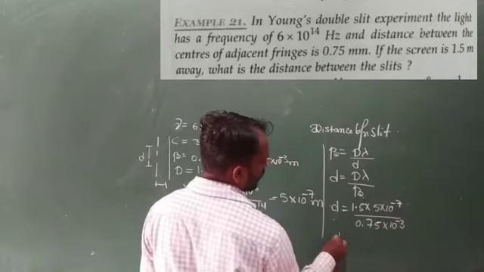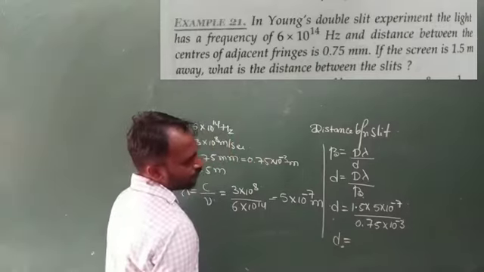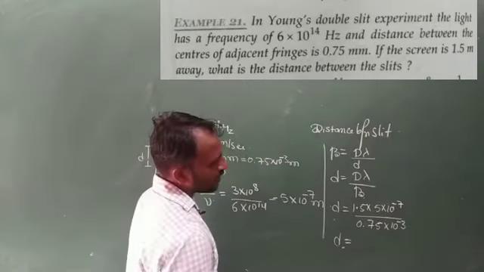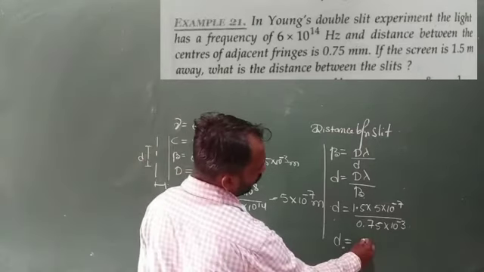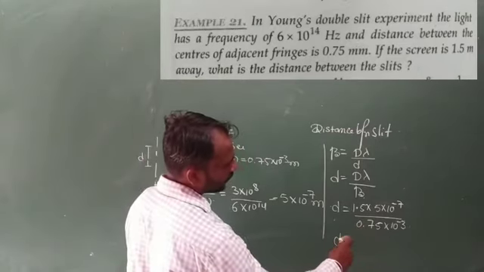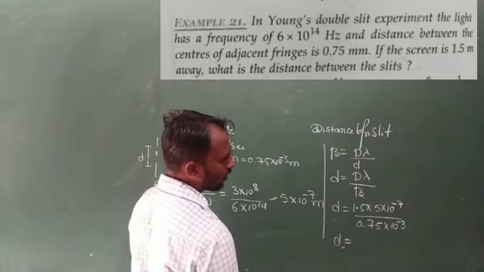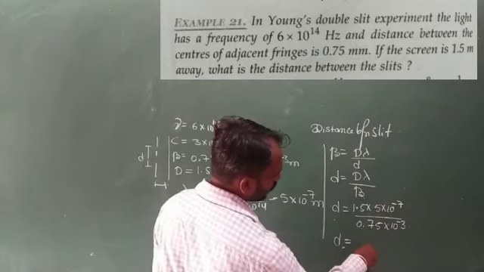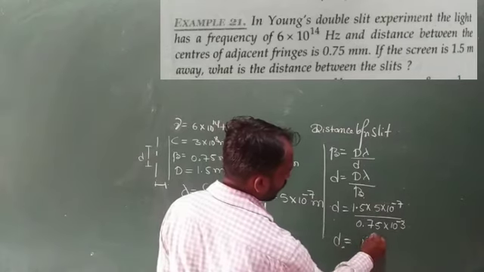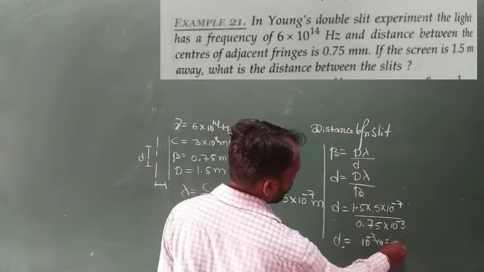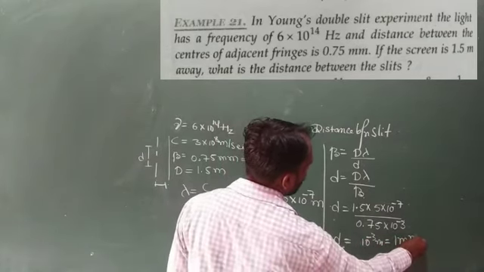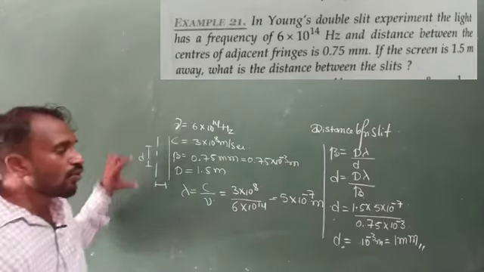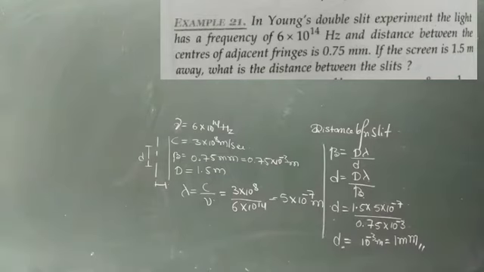So d is equal to 1.5 into 5 divided by 0.75, with 10 power plus 3 canceling, and we get 10 power minus 3 meter. 10 power minus 3 meter means 1 millimeter. So the distance between these two slits is 1 millimeter.